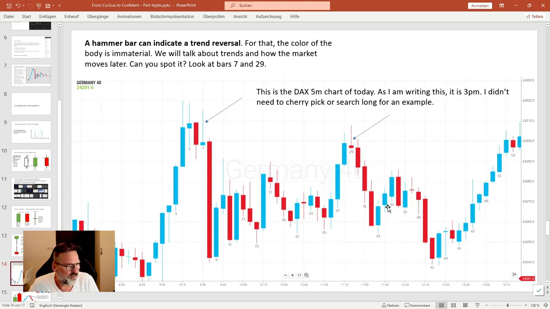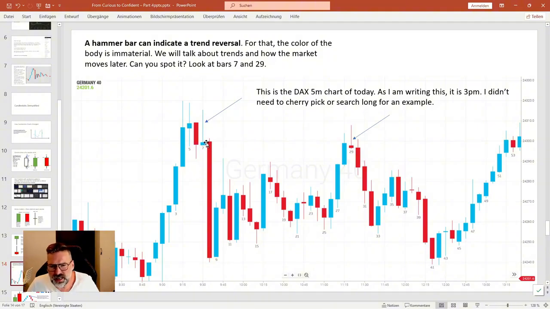That's how the market moves. You see that here. When I took that screenshot, it was 3 p.m. of the DAX, and I didn't need to scroll back much. I just scrolled back a couple of hours, and I saw two perfect hammer bars, or inverted hammers.